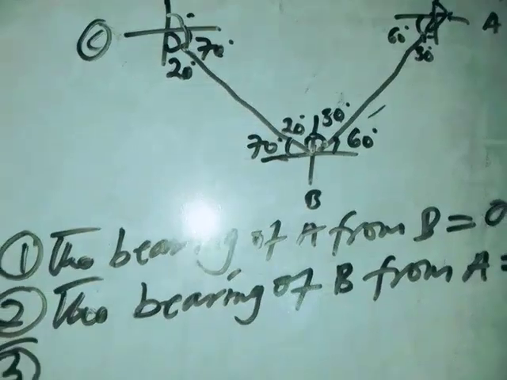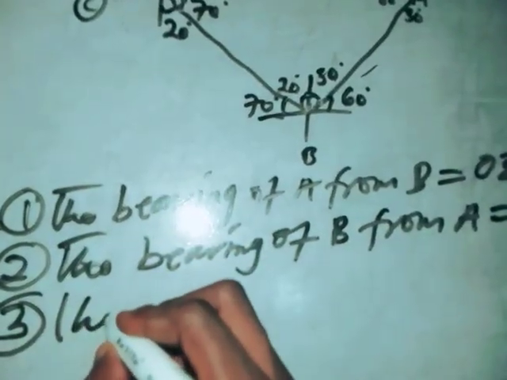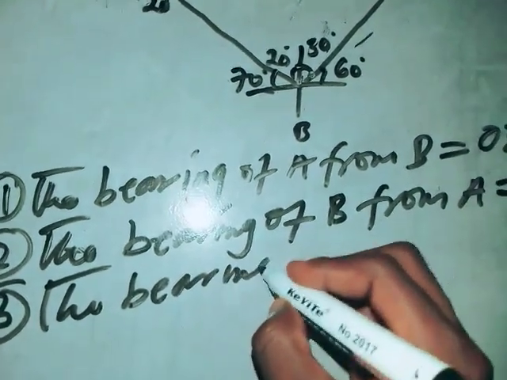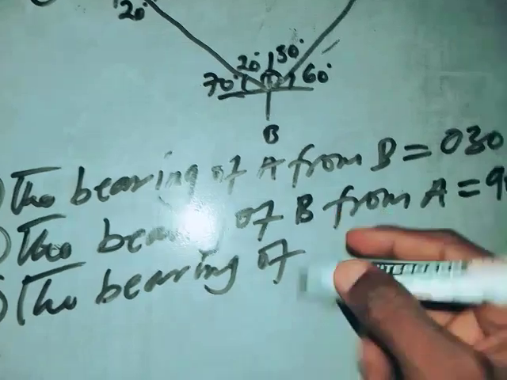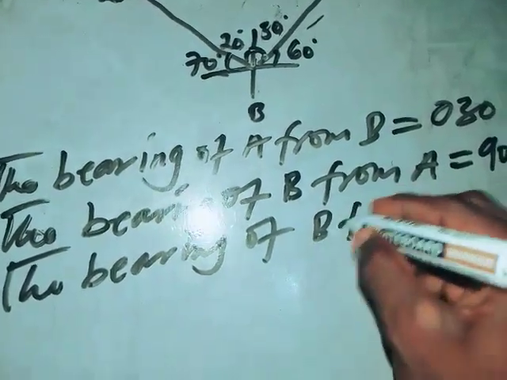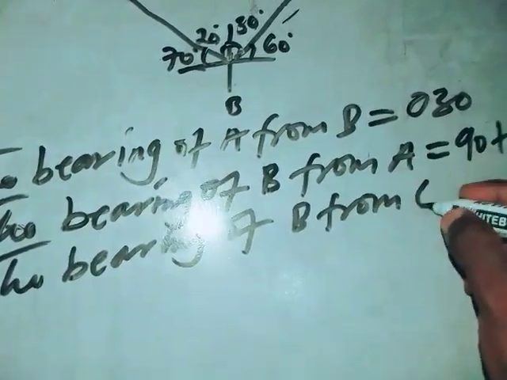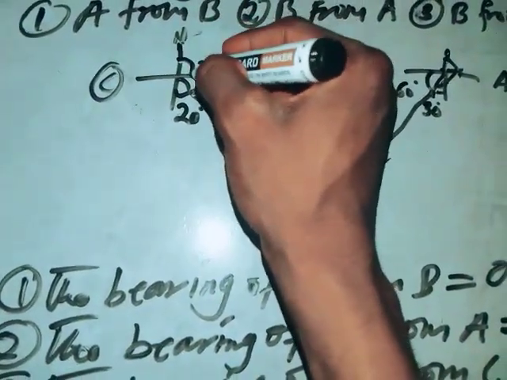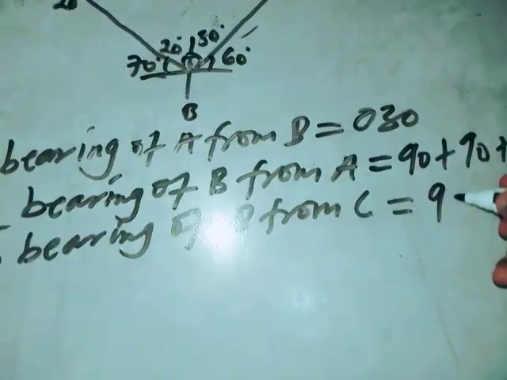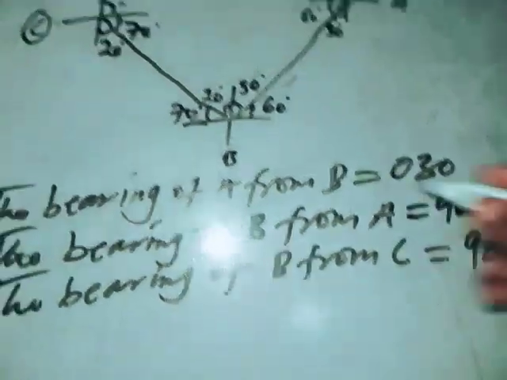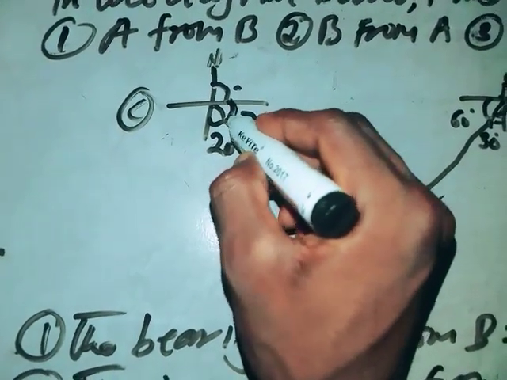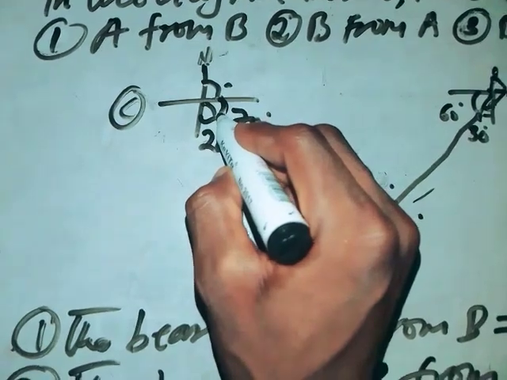So you are going to say that the bearings of B from C is equal to the face turn. The face turn give you 90. So you write here 90 degrees plus the second turn from this point to this point. They gave an angle which was 70 degrees.